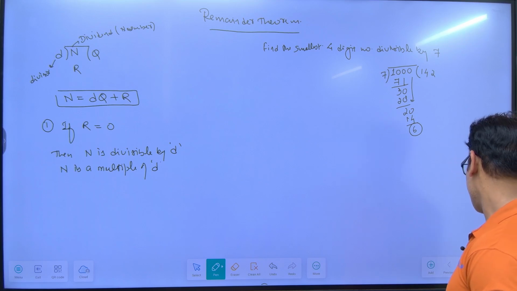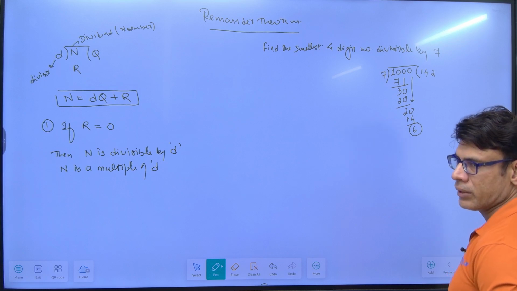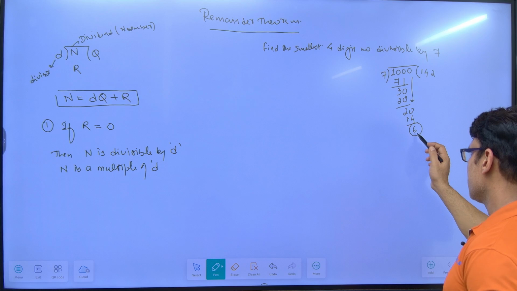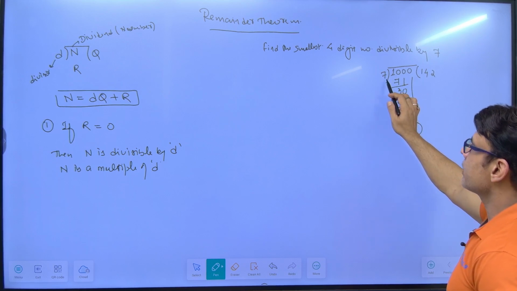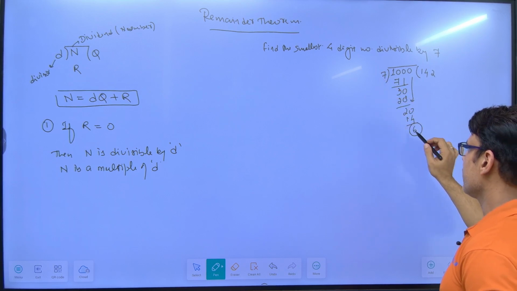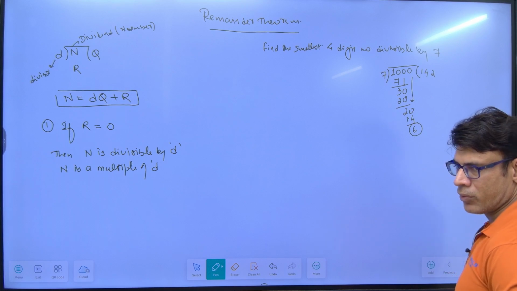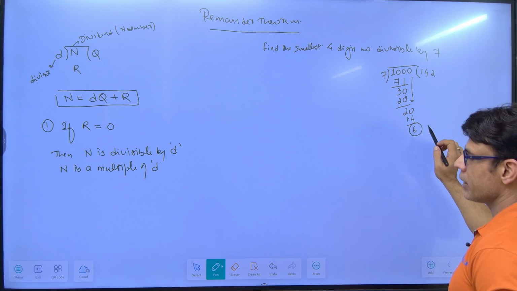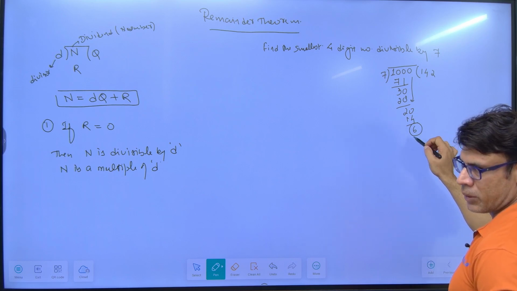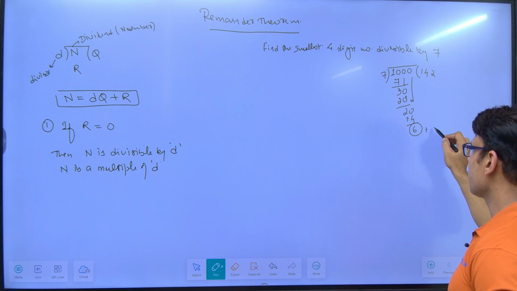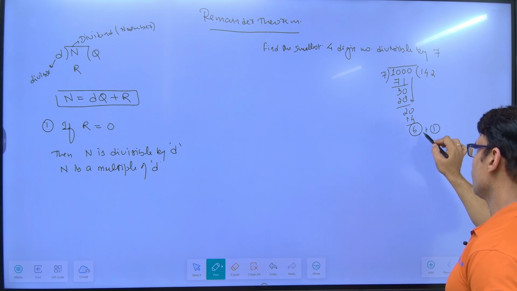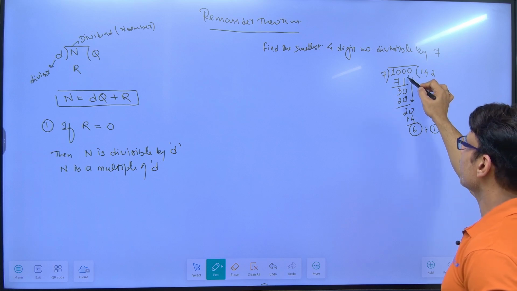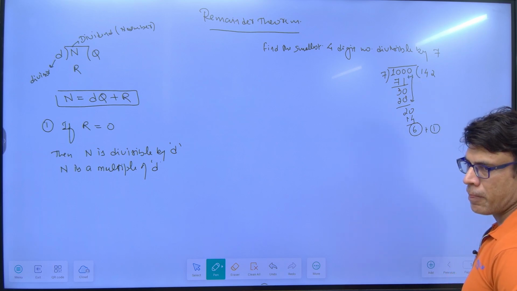That means I have to add something to make it a multiple of 7. This is 6. This is 7. If there was 7 here, the remainder would have been 0. But there is 6. How much extra is needed to make 7? 1. That 1 you don't have to add here, that 1 should be added to the number.